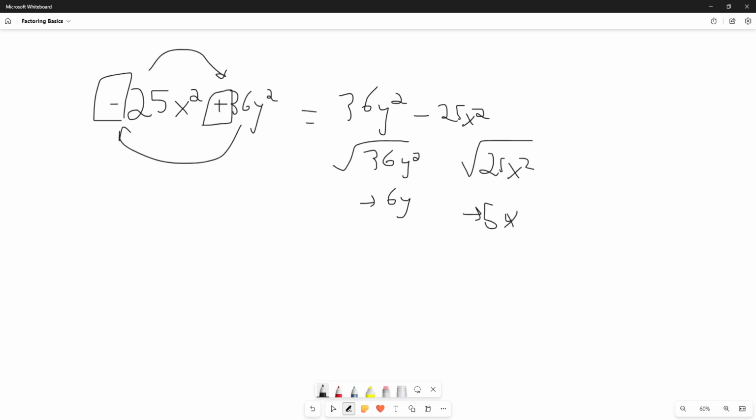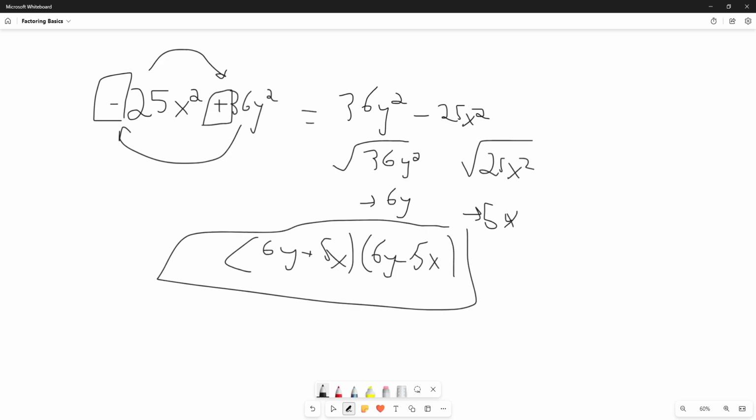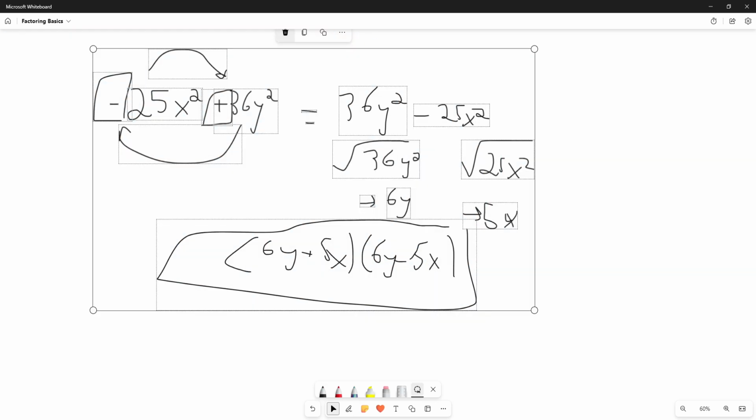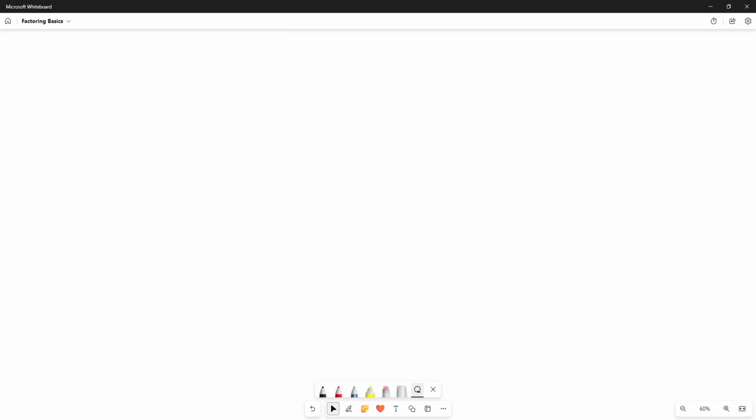So what we can do now, we can say 6y plus 5x, 6y minus 5x. Don't be afraid to move them around. It's allowed when there's an addition. Now we can start moving on to a little bit more harder problems that we can apply our knowledge of.